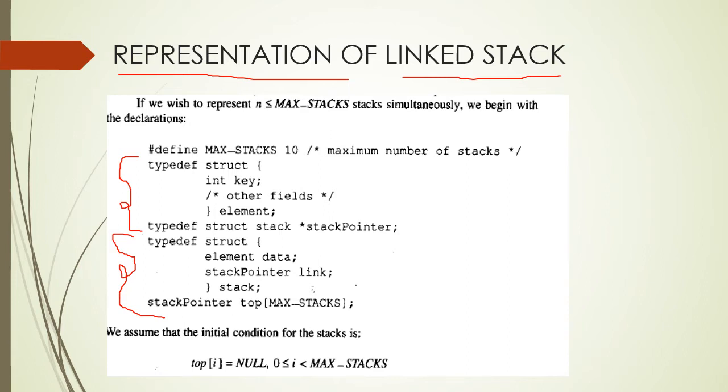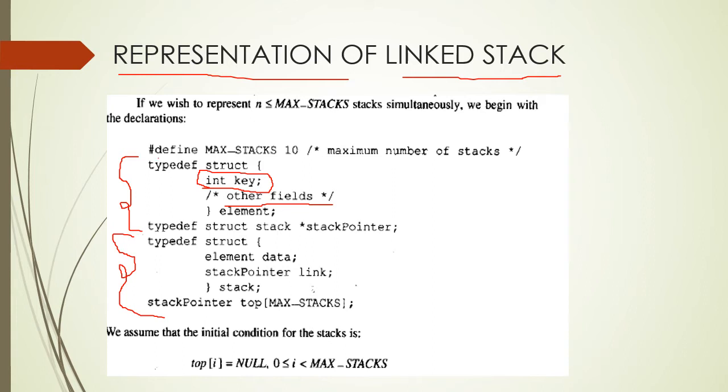So, that is why we have used a structure definition even for the data field. In the data field of a node, we generally show only the key element. Other fields are not shown with respect to this syllabus. If you want to have more than one piece of information in the data field, then you go for a structure.